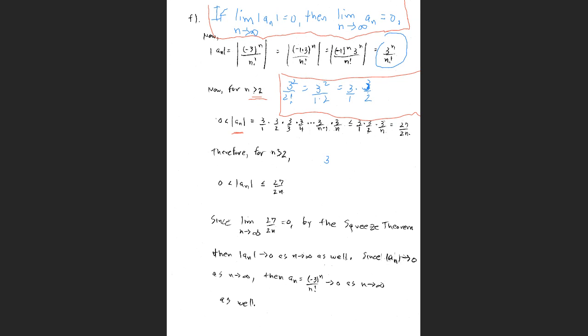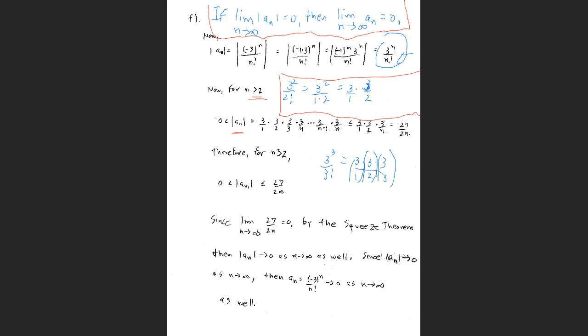If I take 3 cubed over 3 factorial, remember the formula is 3^n over n factorial, 3 cubed over 3 factorial is 3 times 3 times 3 all over 1 times 2 times 3. And so you see you can separate it out.